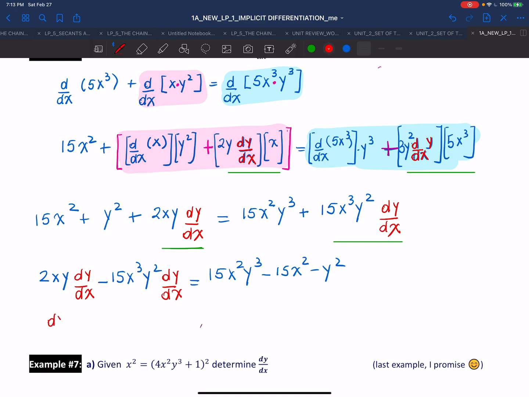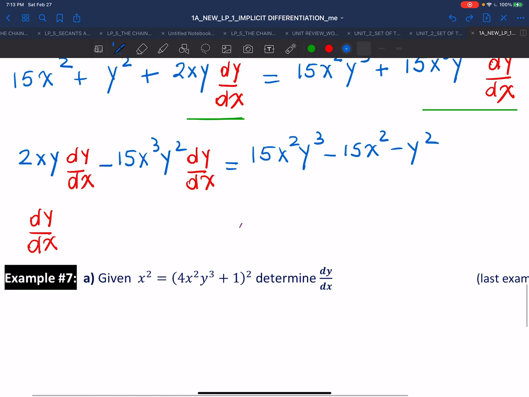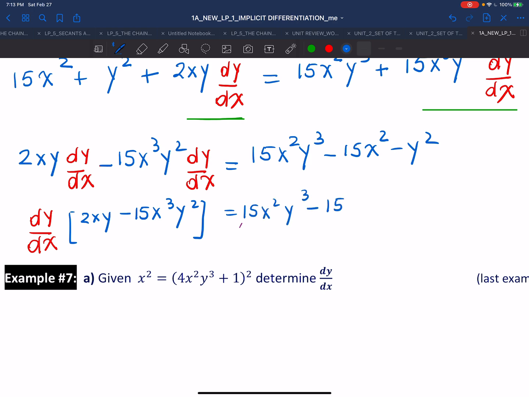So we'll say then we have dy dx times 2xy minus 15x cubed y squared equals 15x squared y cubed minus 15x squared minus y squared.